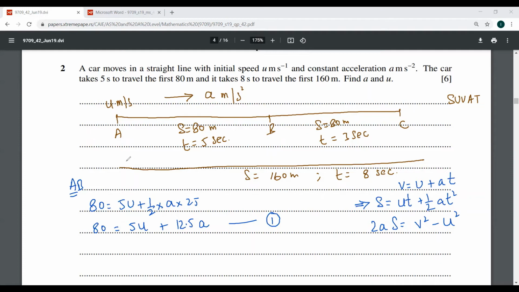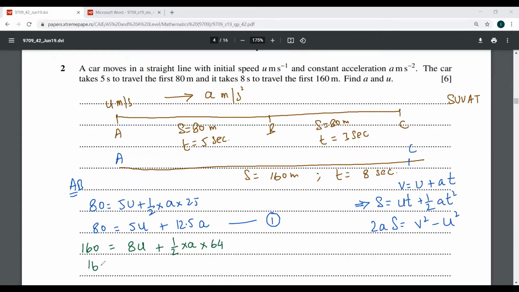I think we should consider the segment AC for the second equation in exactly the same way. So for the second part, we can say 160 is equal to, the time taken is 8 seconds, so that is 8u, and half into a, and the time is again 8, so its square is going to be 64.